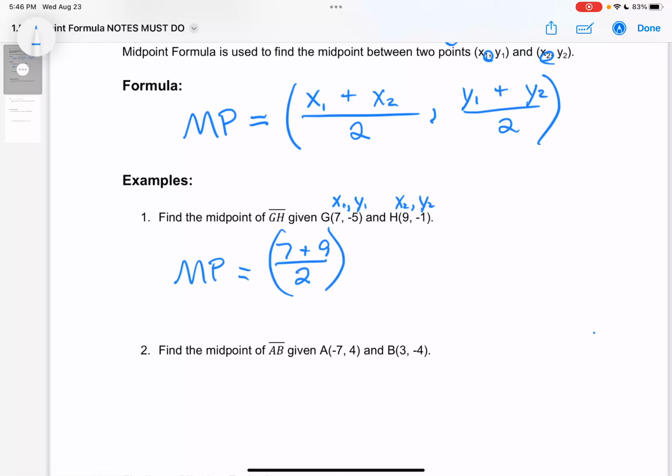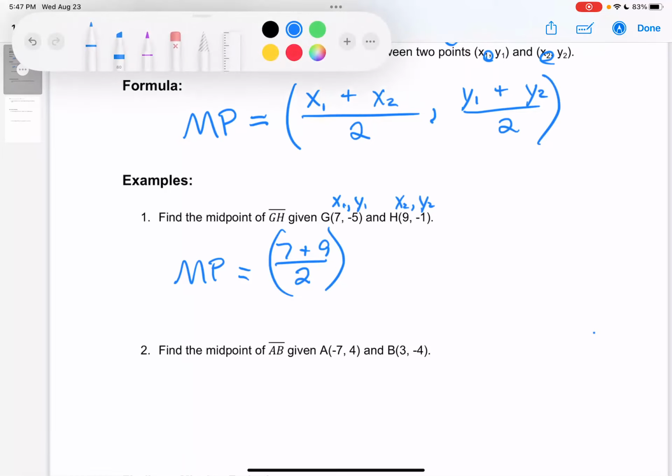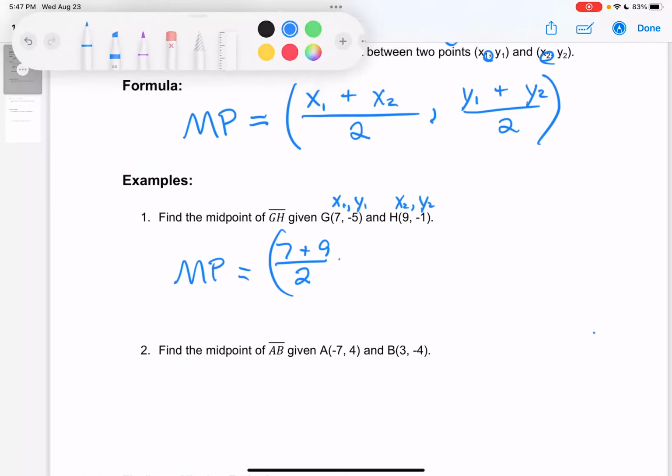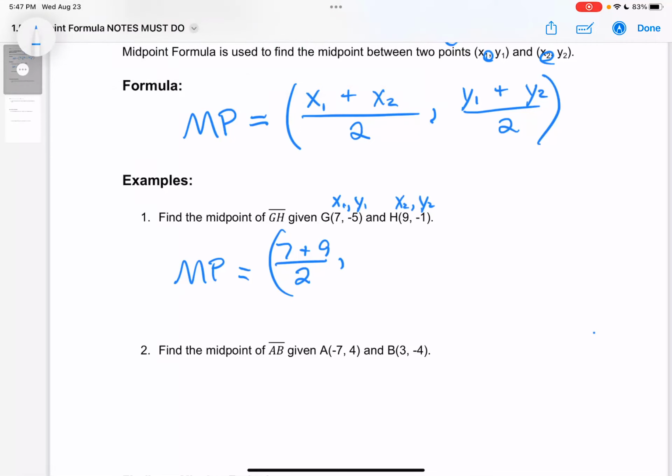And then that should be a comma there because it's one pair. We're going to end up with one point. Then we're going to have the Y values added together, so -5 plus -1. I'll write it like that for now.